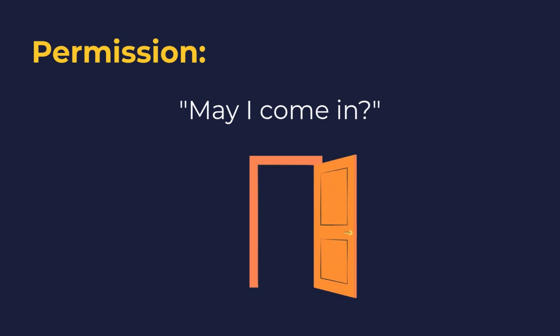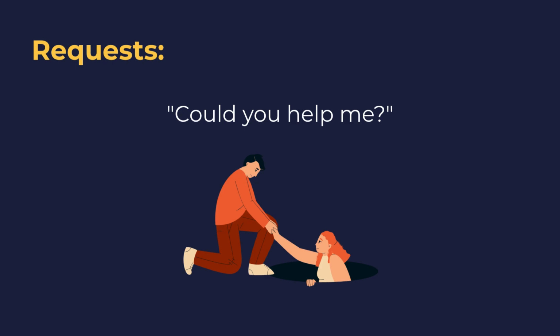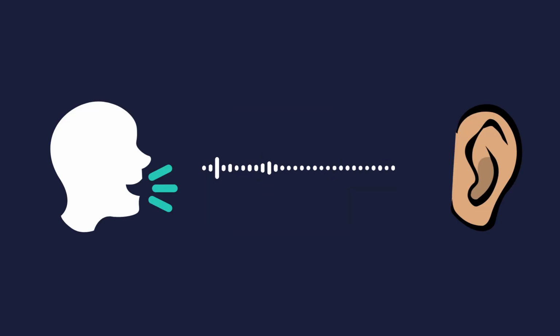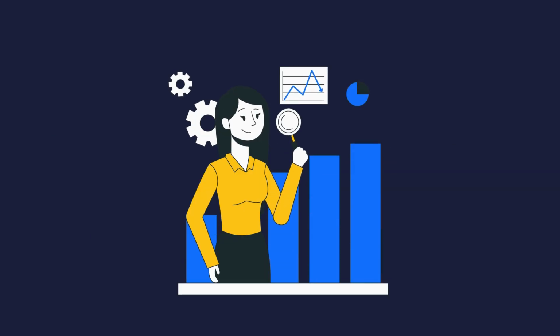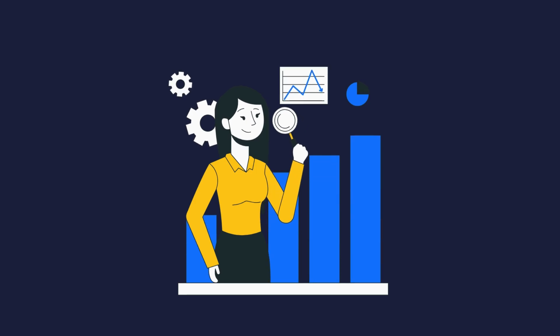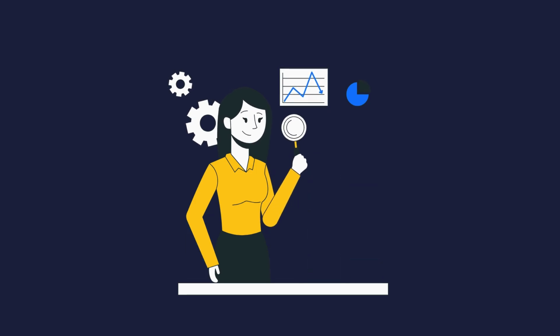Could you help me? By learning these words well, you're not just remembering rules, you're getting the tools to talk in a clear and more natural way. Think about the talks you have every day. You're probably using these words all the time without even knowing it. Start listening for them and try to use them more often.